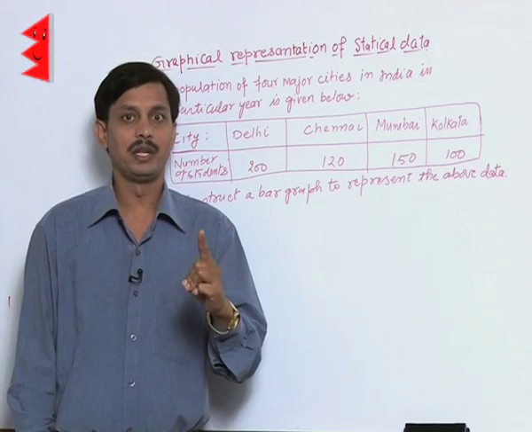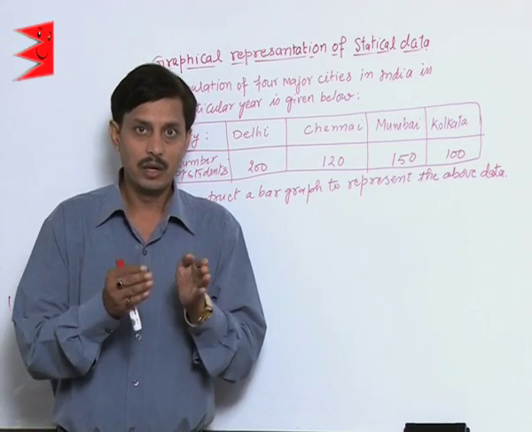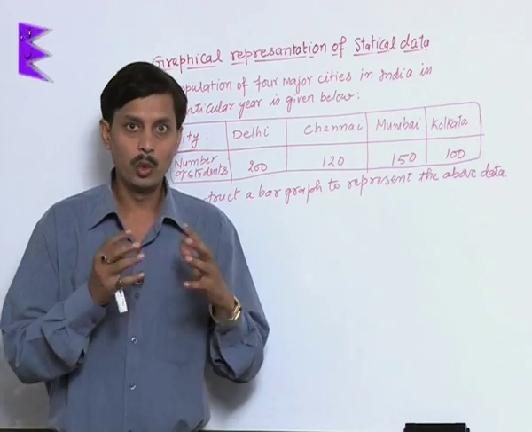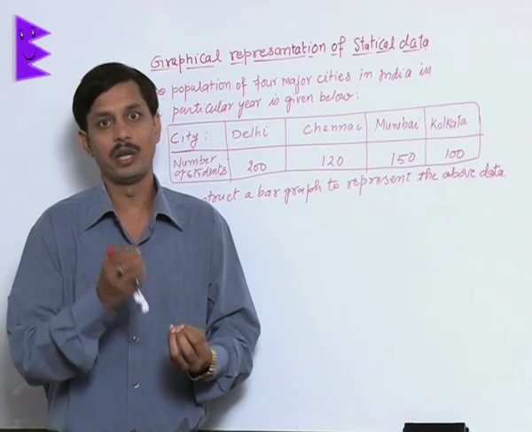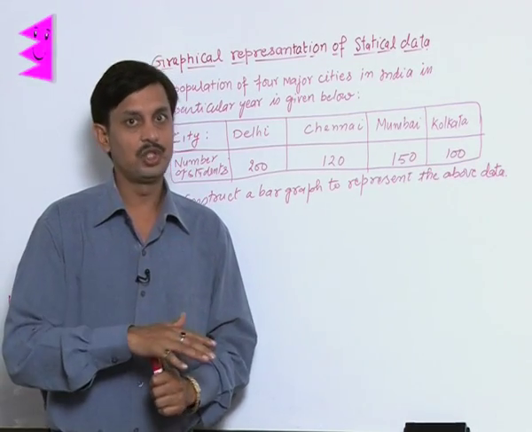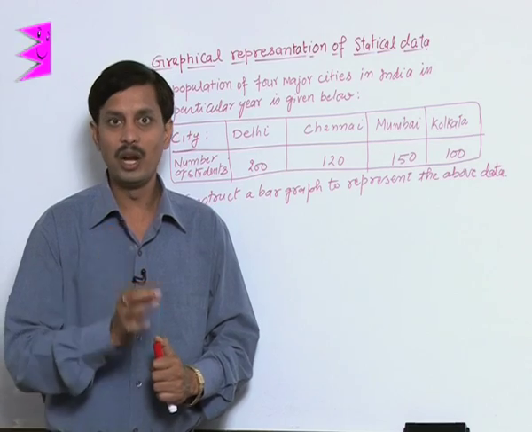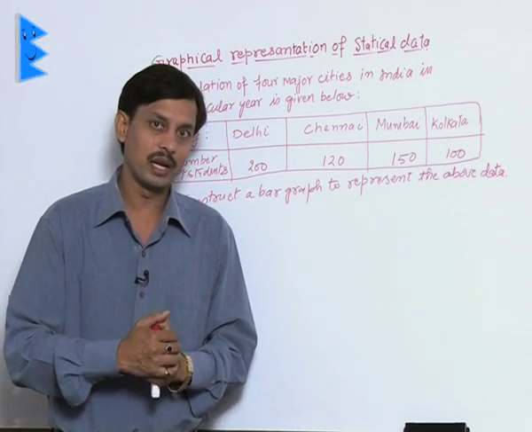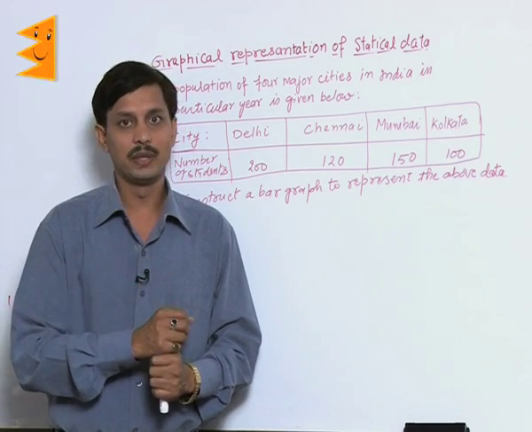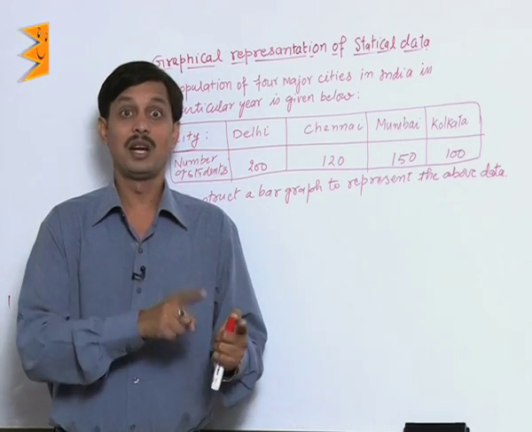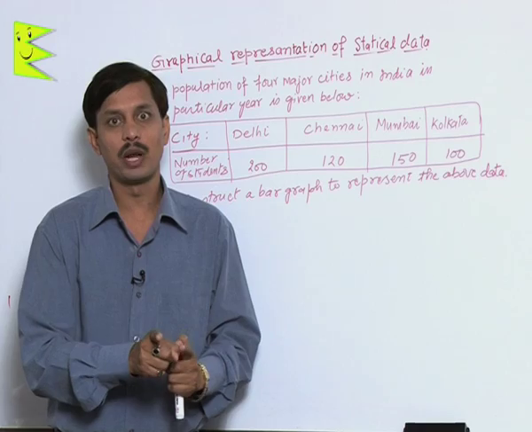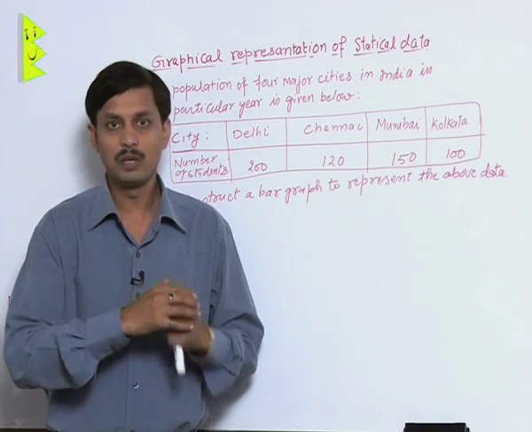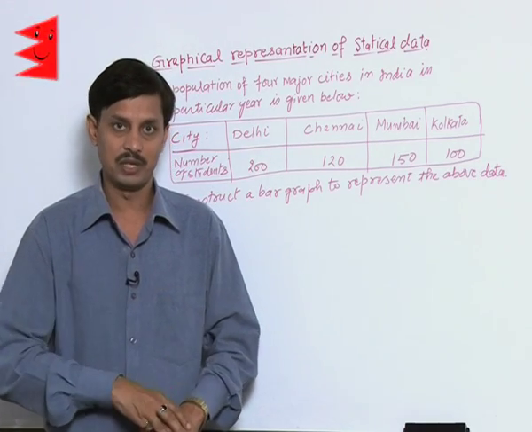One of the representations is drawing the bars, showing the information by drawing bar graphs. In this chapter I will explain how to draw the bar graph, how to make the histogram, what is the difference between bar graph and histogram, and what is a frequency polygon. Three things need to be discussed.